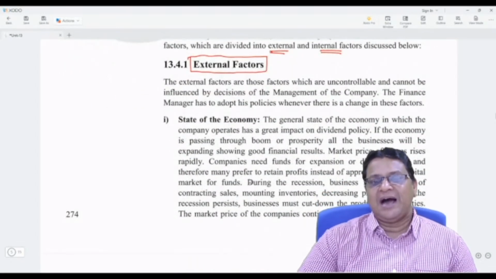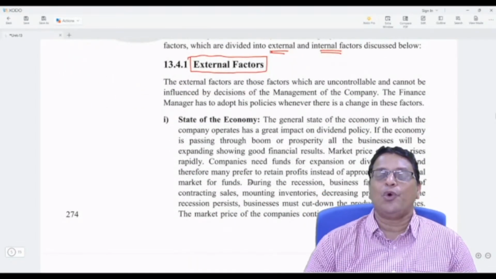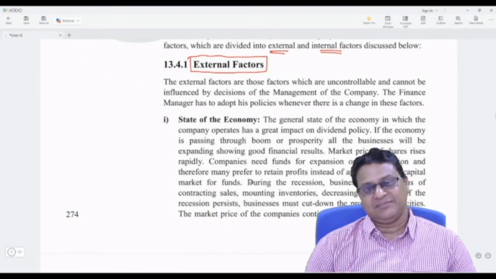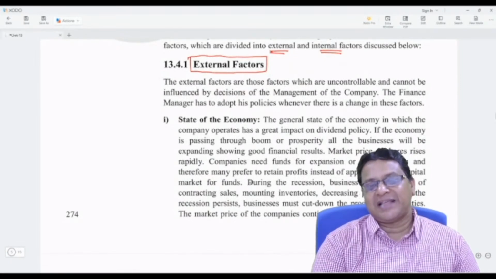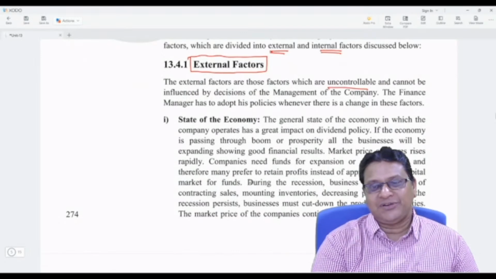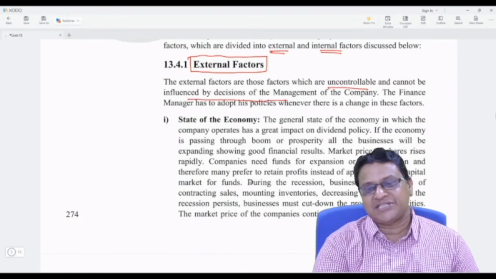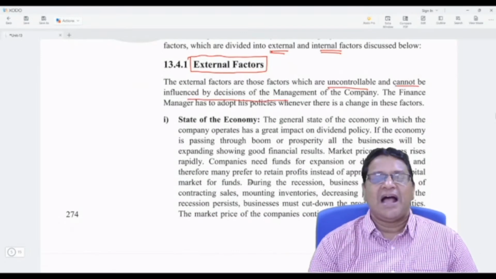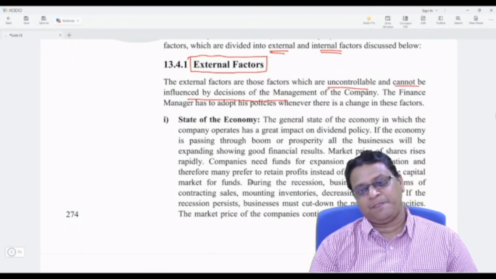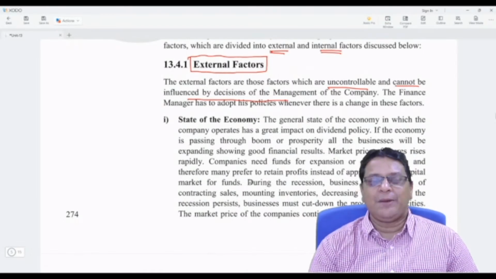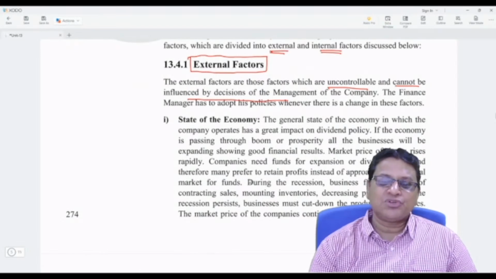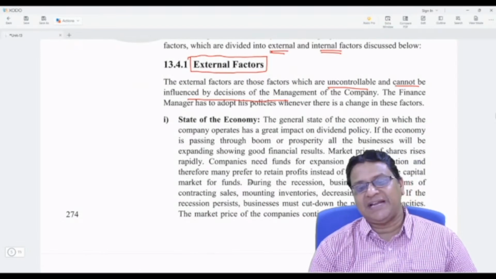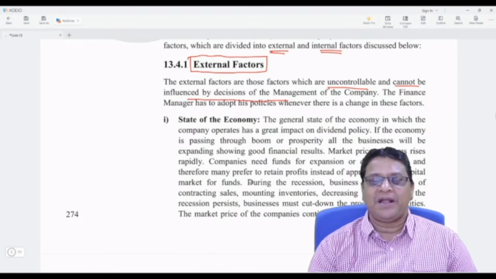External factors are those which are uncontrollable in nature. These cannot be controlled by the decision of the management of the company. These are outside factors. Hence, we have to find out what are the outside factors which decide the dividend policy of an organization.